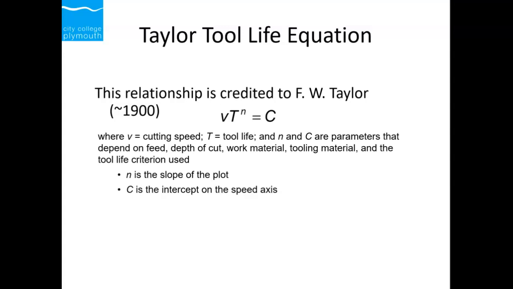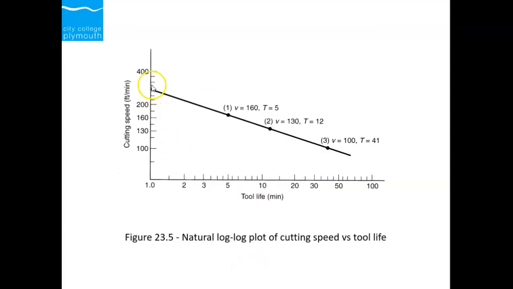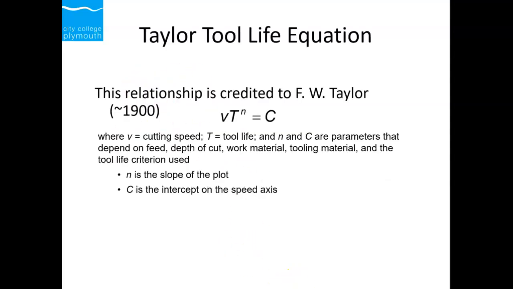N is the slope, the gradient, change in y over change in x of the material. And C is the intercept on the speed axis. So if we go back, this value here, 300, is the intercept on the y-axis. And if I want to find the gradient, that will give me the N value for the tool.